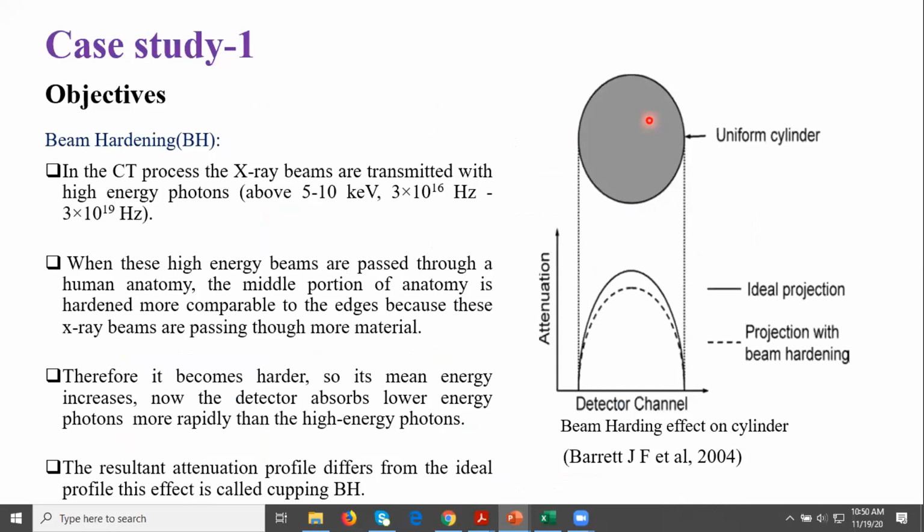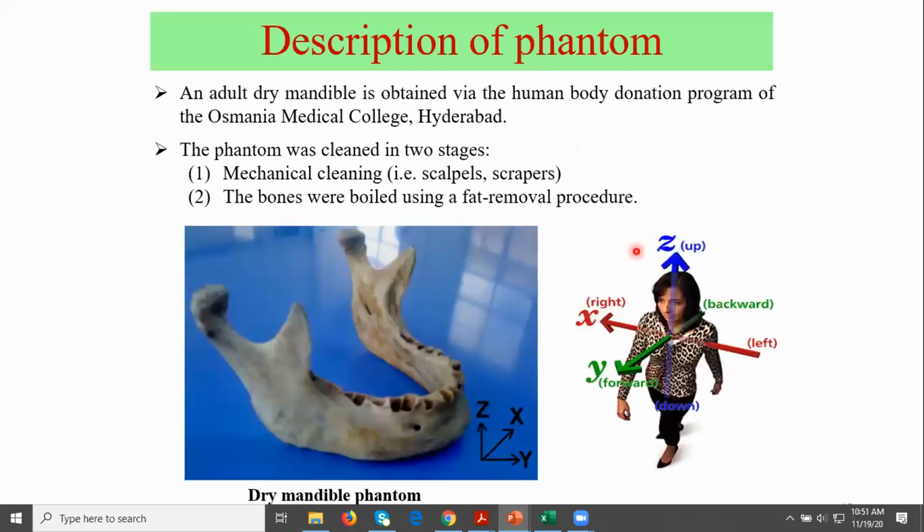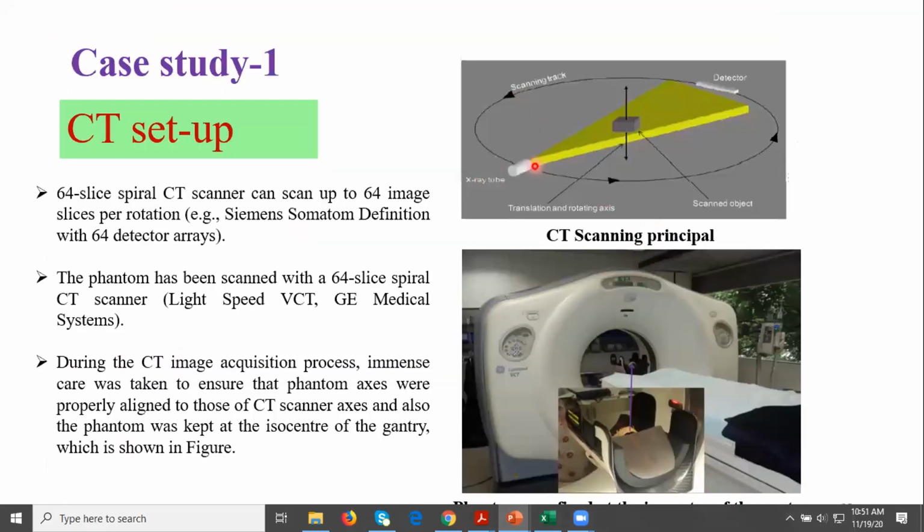This is not necessary for you, I'm just giving a small introduction. When the X-rays pass through the object, some energy is absorbed. Here the X-ray tube is there, and here the detector is there. Suppose here we require some tissues. The CT scanner gives the X-ray beams and detects the beams.